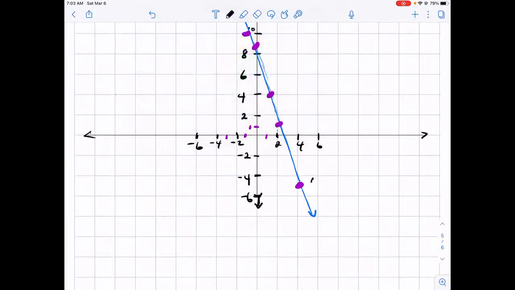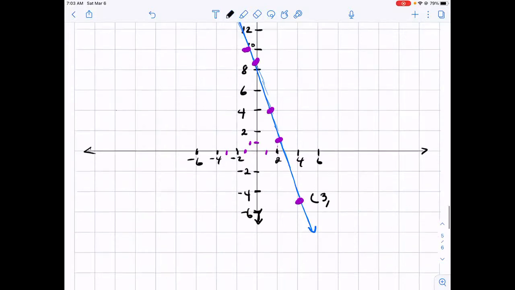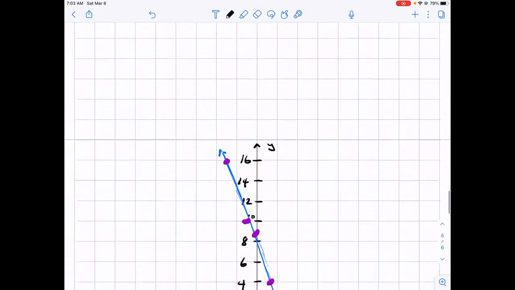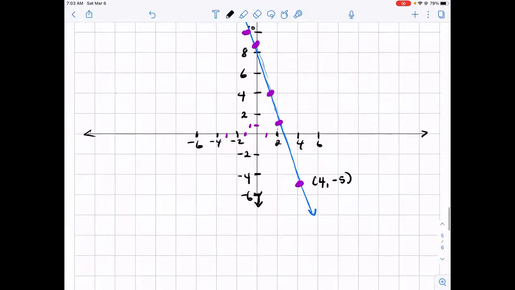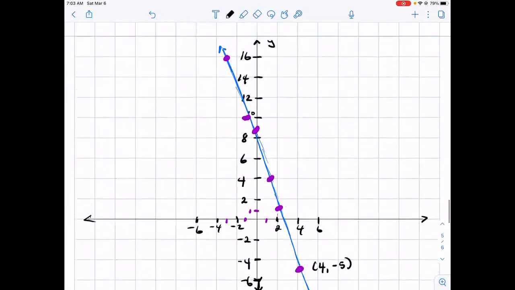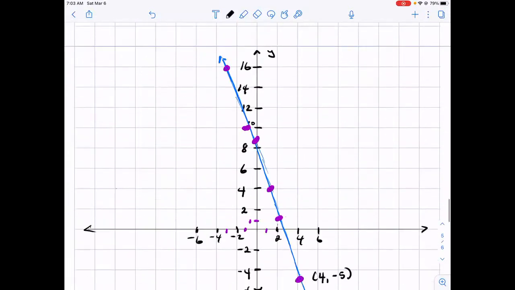So for example, this here was the point +3, comma, and we're getting that +4, sorry, +4, comma, -5. This point here is 2, 1, okay, 2, 1.